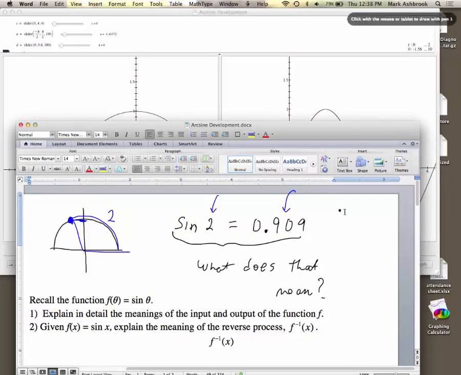Okay, so now if you were to put the inverse sine of 0.909, what would you get? You should get 2, right? Yeah, right? Because if sine of 2 is 0.909, then the inverse sine of 0.909 should be 2. Do it. So you do second sine to get the inverse sine.